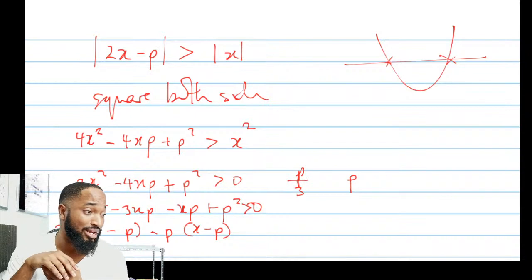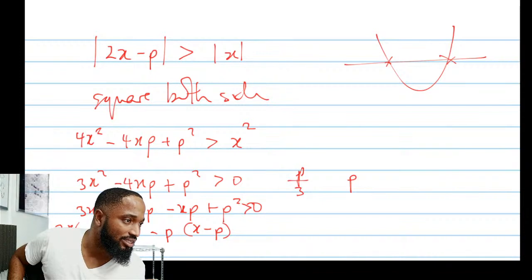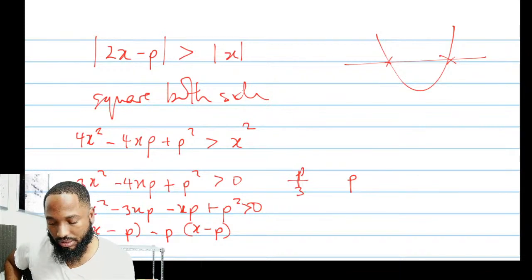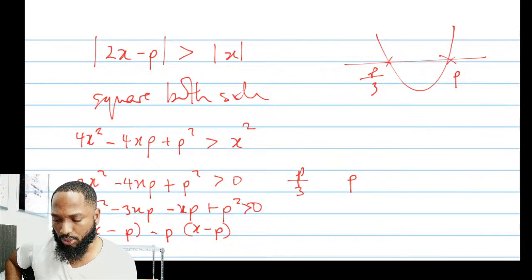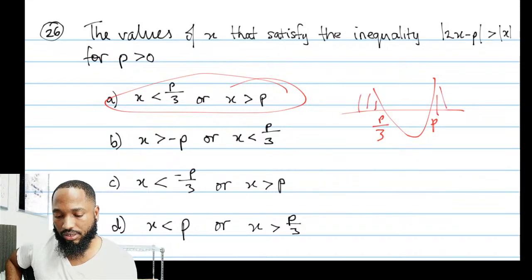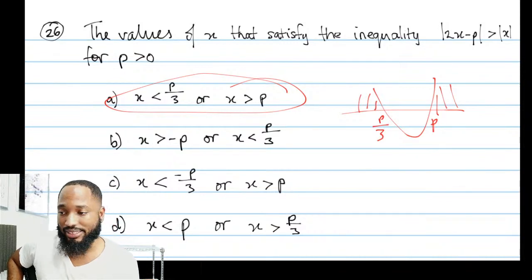I still end up with the same thing, by hook or by crook. Thanks to everybody. p over 3 will be the smaller one, and p here, and we want it for greater than 0. So p over 3 and p. That's it.